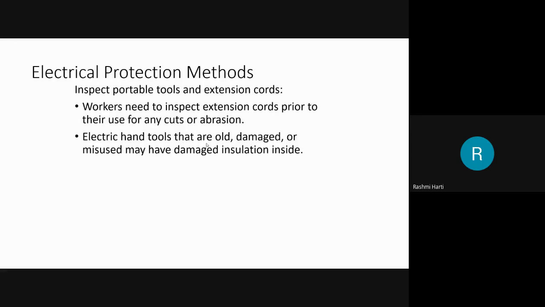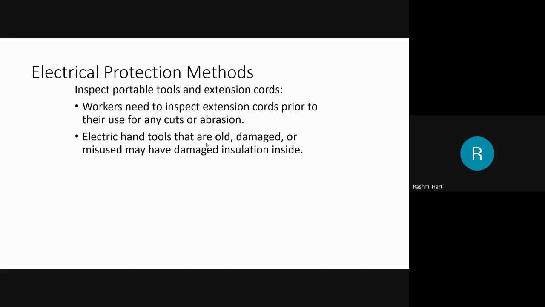Then you have inspect portable tools and extension cords. Here extension cords may have damaged insulation. Sometimes the insulation inside an electrical tool or appliance is damaged. When the insulation is damaged, exposed metal parts become energized if a live wire inside touches the metal part.